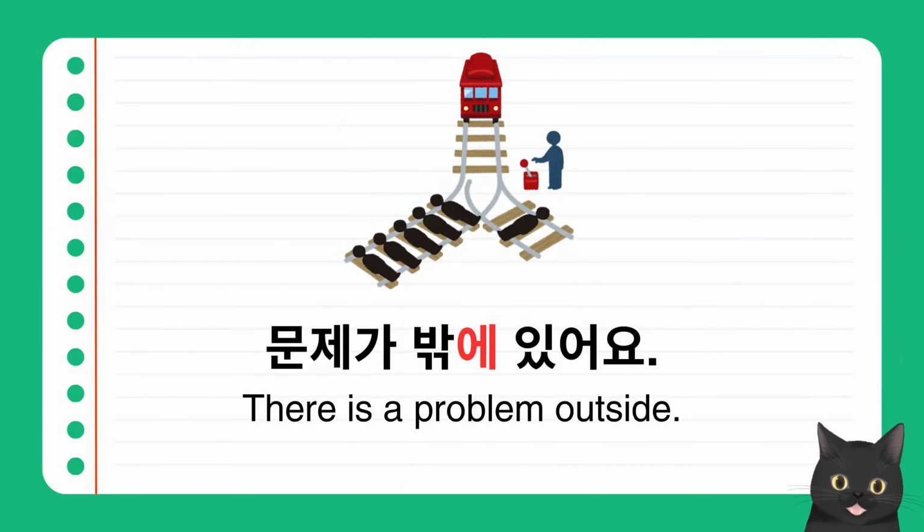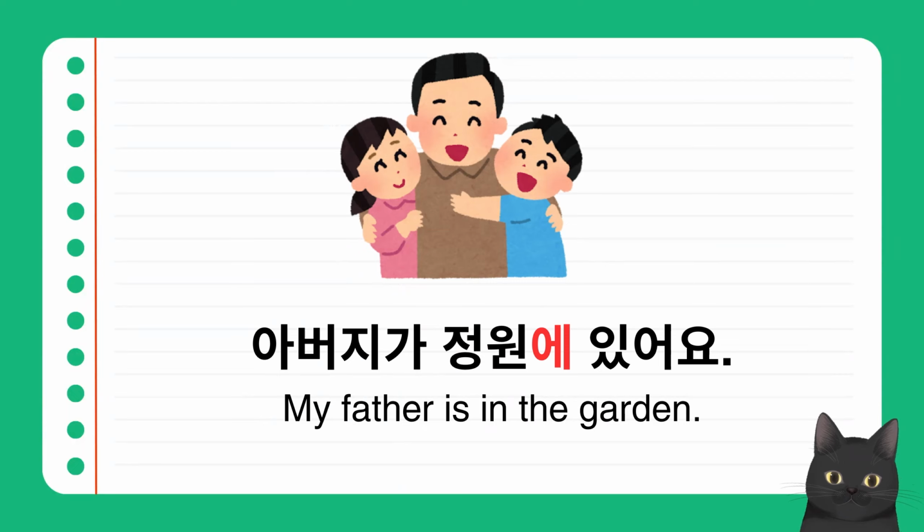Same structure. 문제 is the noun and 밖 is the place. So we say 문제가 밖에 있어요. 아버지가 정원에 있어요. My father is in the garden. Again, remember that the particle 에 always comes after the place.